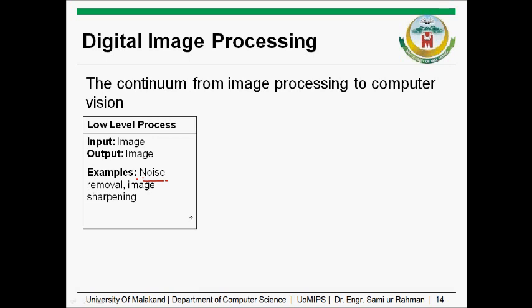There is some bad quality, some digitization or discretization, where you don't need those values, and we call those noise. So you want to remove that noise from an image. The input is an image and the output is an image, but the input is a bad quality image and the output is a good quality image. Okay, image sharpening.